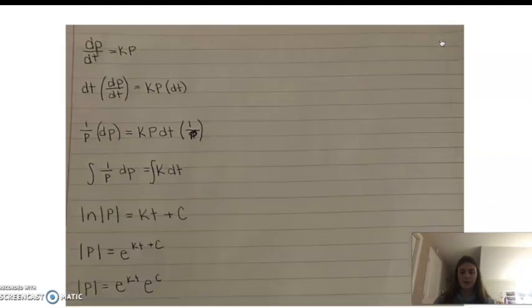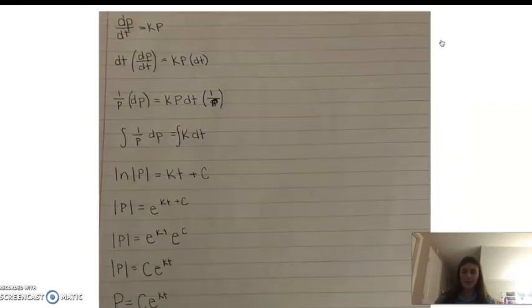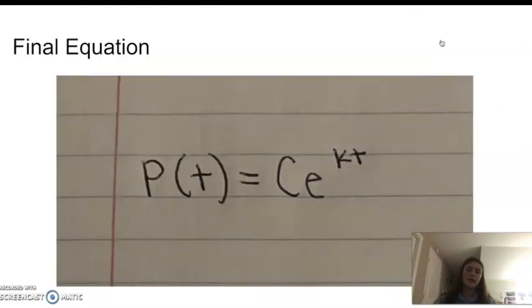Then we can separate it, and we have |P| = e^(kt) times e^C. And e^C is a constant, so we can replace that with just the letter C. And because C can be positive or negative, we can get rid of the absolute value sign, and we have P = C e^(kt). So here's our final equation, P(t) = C e^(kt).